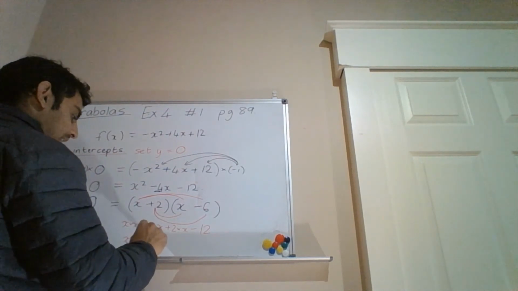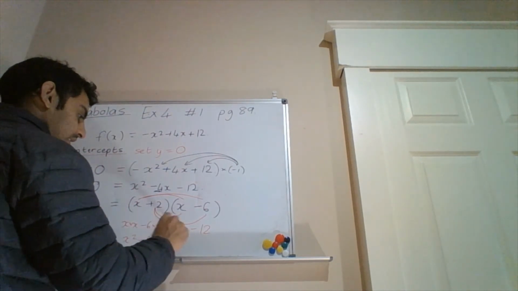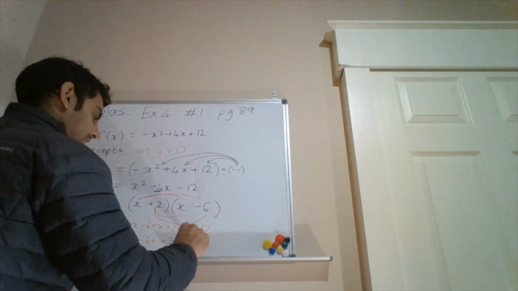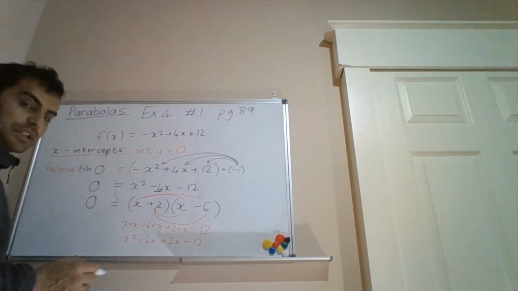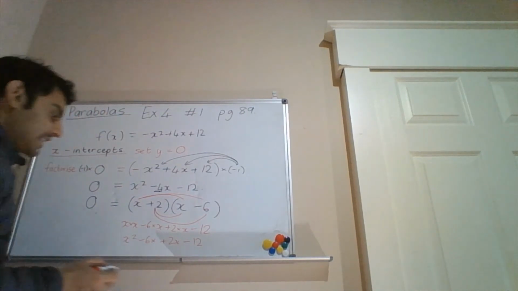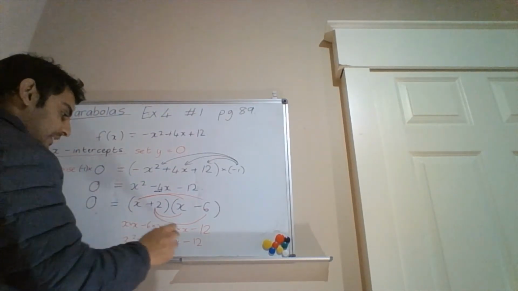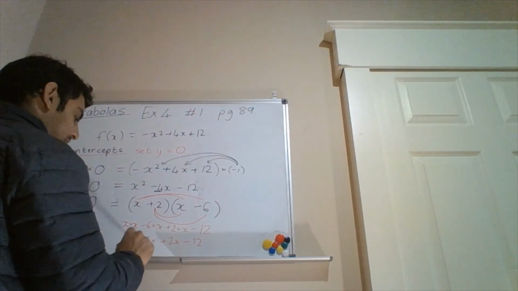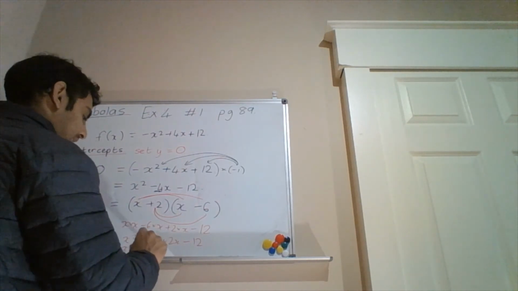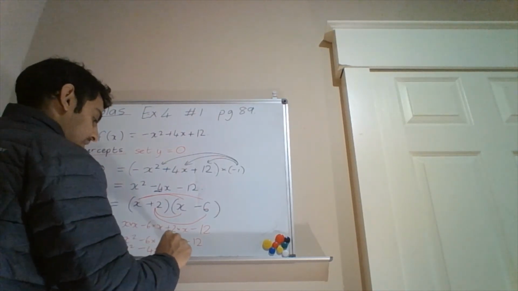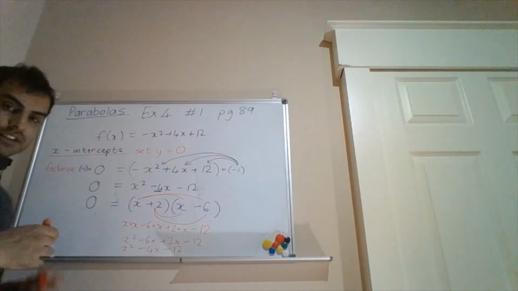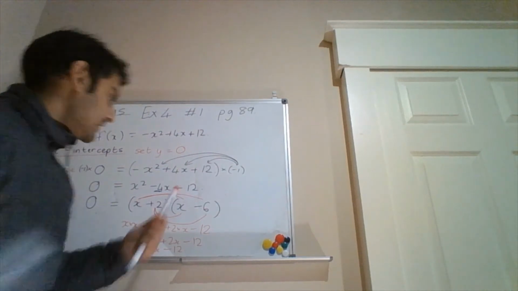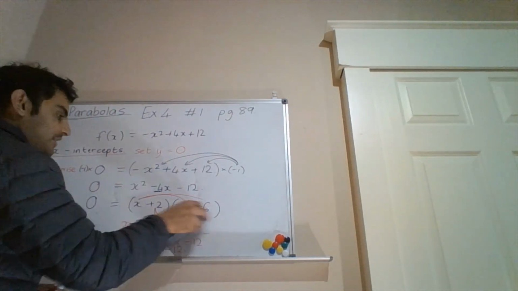Then we've got minus 6x plus 2x minus 12. And now we can simplify these two terms because they have the same power of x. The power of x is 1. So we've got x squared, minus 6x plus 2x is minus 4x, minus 12. So yes, we do get back to the same thing. This factorization is correct.